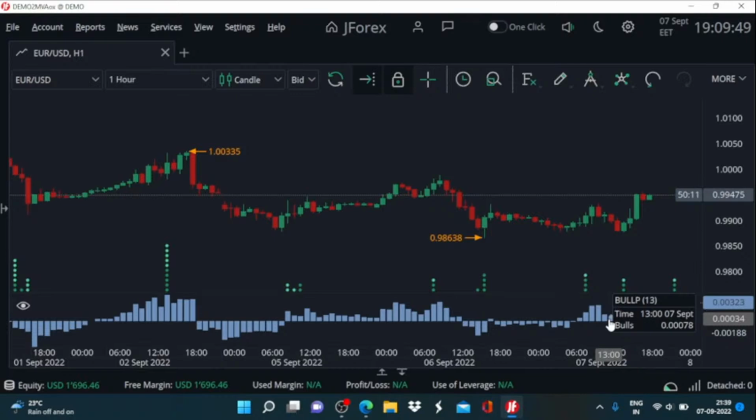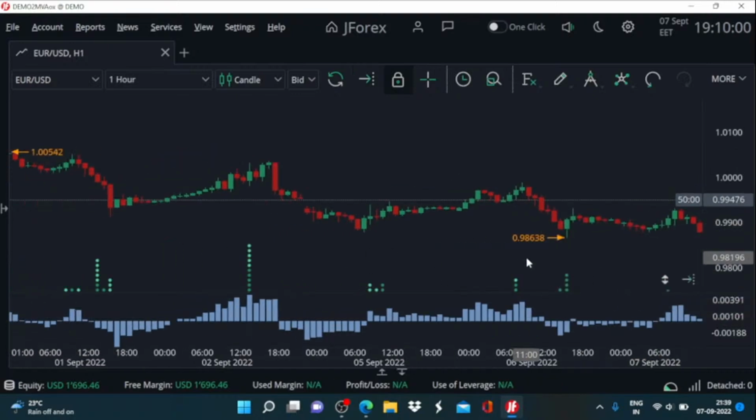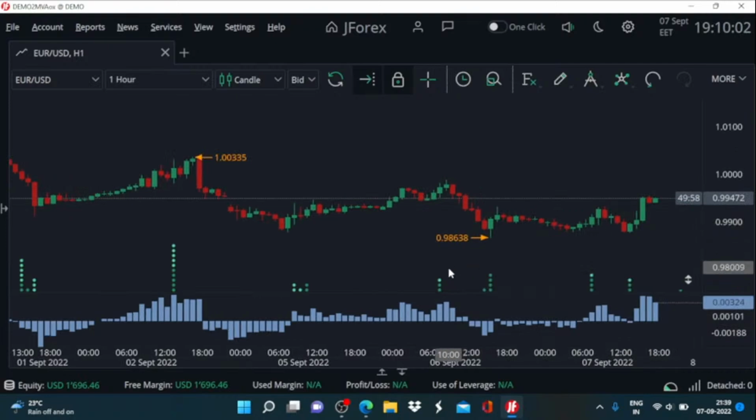So here we consider this indicator, and we have this rising channel formation on this bull power. So if we were to go long, as I said, the result would have been quite good.